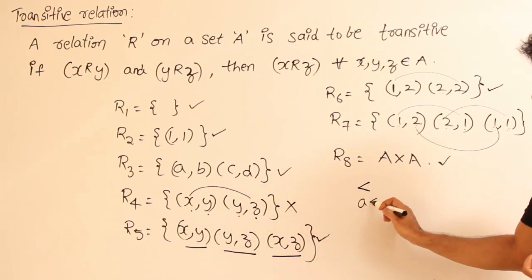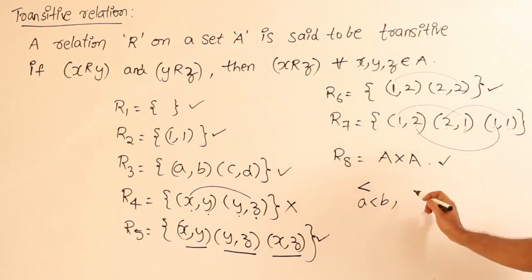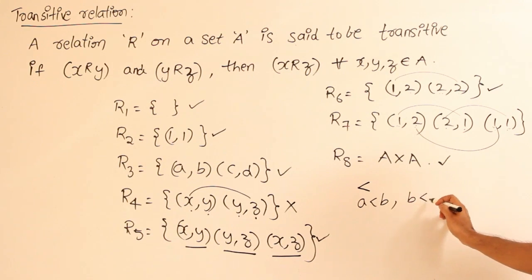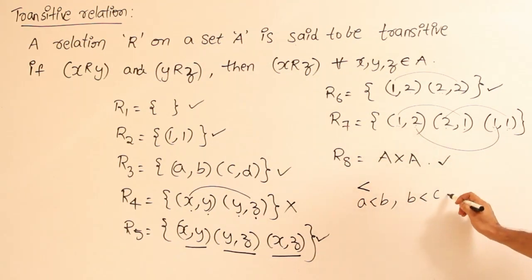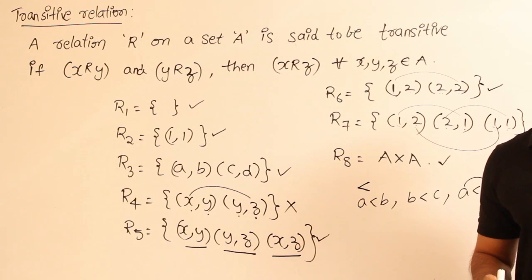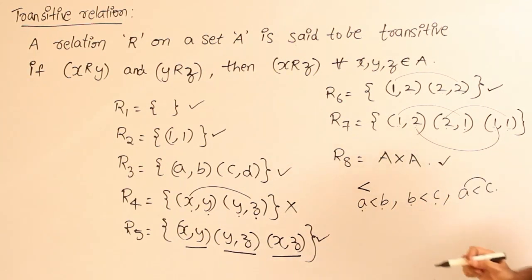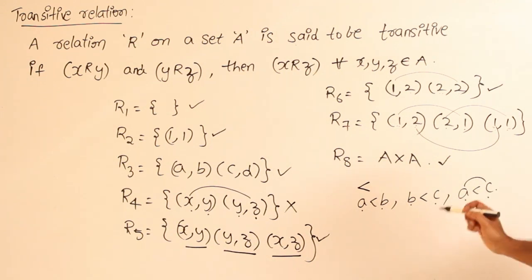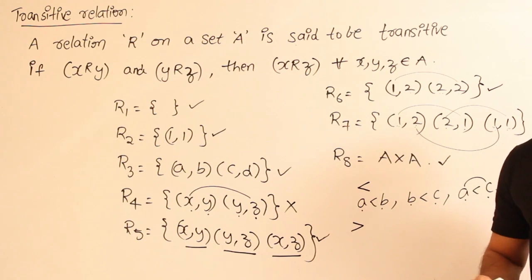If A is less than B, which means (A, B) belongs to the relation, and if B is less than C, which means (B, C) belongs to the relation, then definitely A will be less than C, and so (A, C) will also belong to the same relation. Got it? Therefore, if (A, B) is present and (B, C) is present, then definitely (A, C) will also be present.